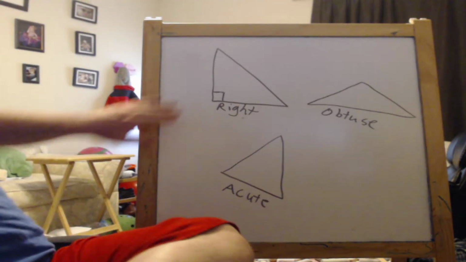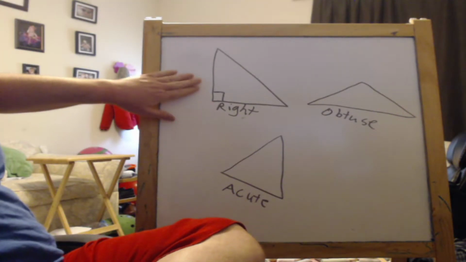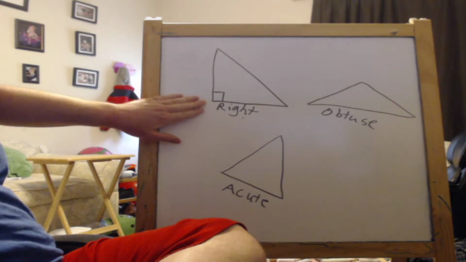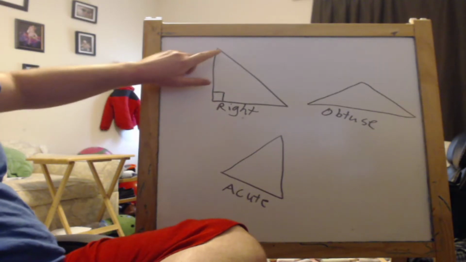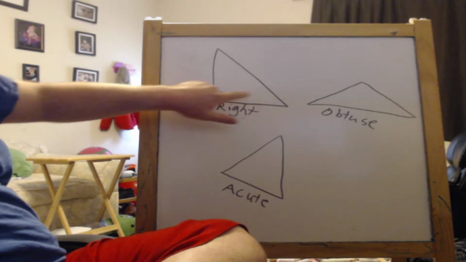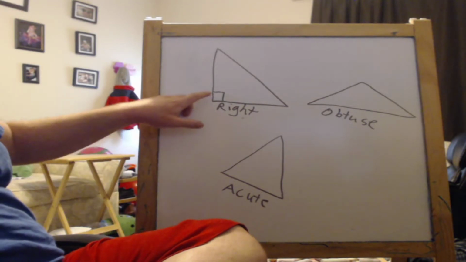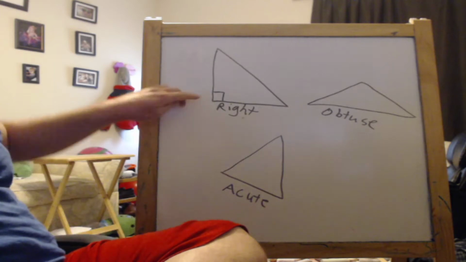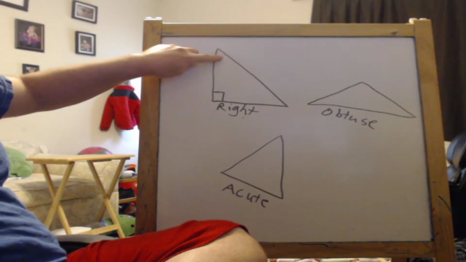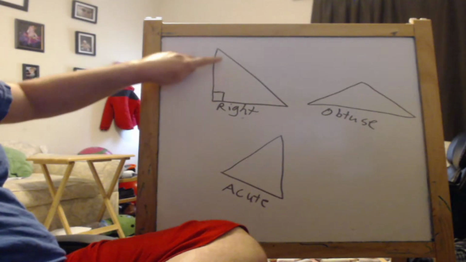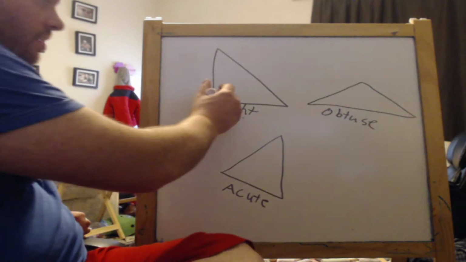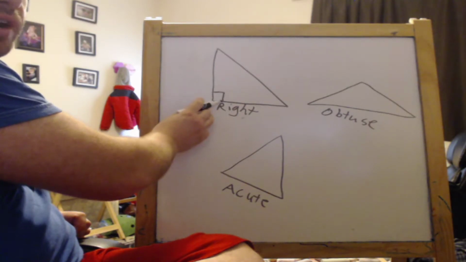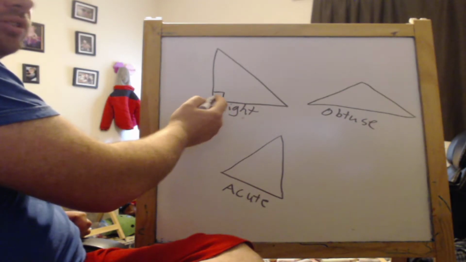So a right triangle, first of all, I want to just start with all three angles or vertices of a triangle always add up to 180 degrees. So, let's say this angle is a right angle, and you know that because it has this square here, and a right angle is equal to 90 degrees.